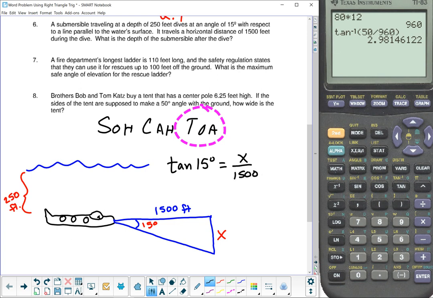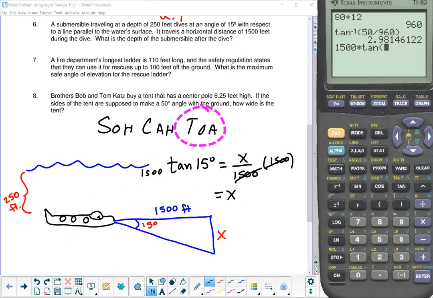Pretty easy with this one, because all you got to do is multiply both sides by 1,500. These will cancel, and you will get x equals 1,500 times tangent of 15 degrees. That's going to get you 401.9. Okay. So that means that your x right there is 401.9 feet.